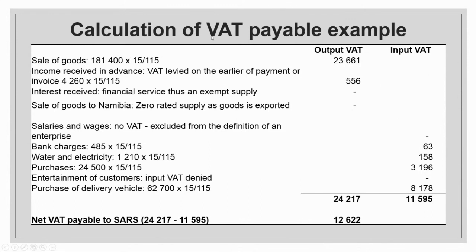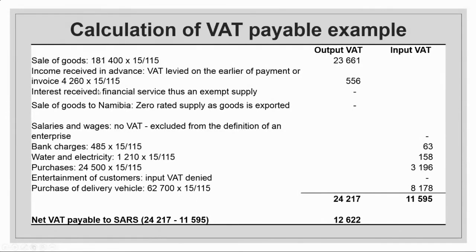Now, if we look at the example, for the sales of goods, because the amount was inclusive of VAT, we would have multiplied with 15. So we want the VAT percentage, which is 15, but the amount was inclusive of VAT. That's why we divided it by 115 to get to an output VAT of 23,661. Now the income received in advance, the general rule is VAT is levied on the earlier of the payment or invoice date.